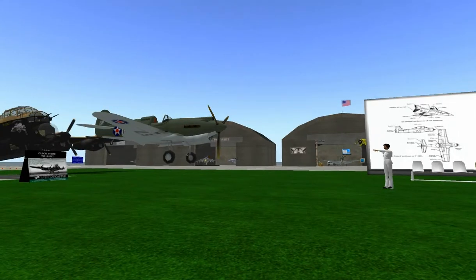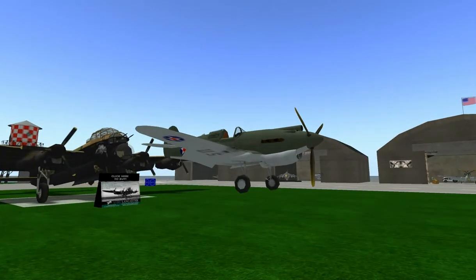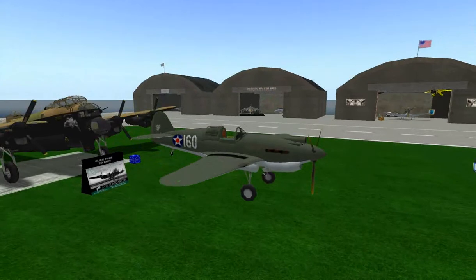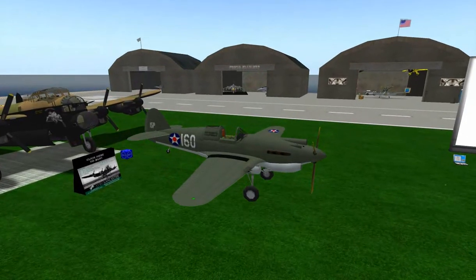Now pitch is the upward and downward movement. So this is pitch. This is controlled by the elevator. If I pull back on the stick, the nose wants to go up. If I push forward on the stick, the nose wants to go down. So that's pitch. Now roll is the axis from the nose to the tail.